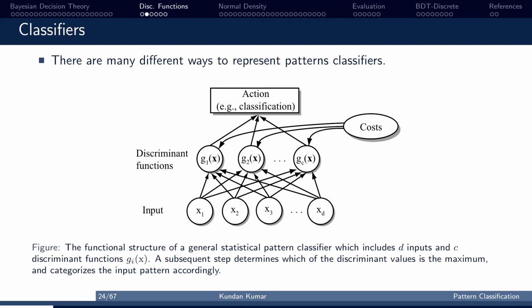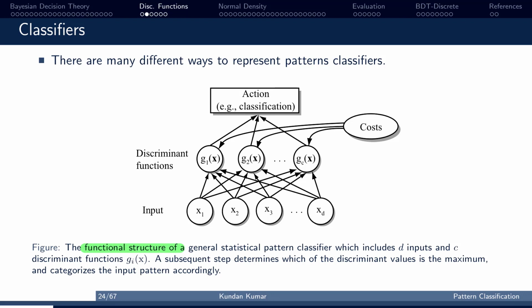So this figure shows the functional structure of a general statistical pattern classification. This is the functional structure that needs to be understood.